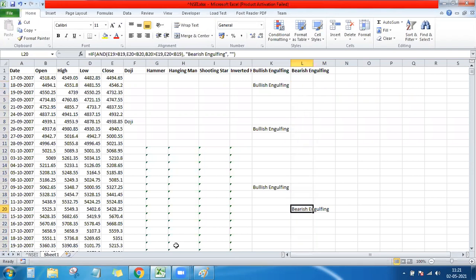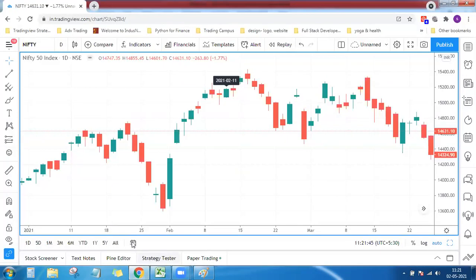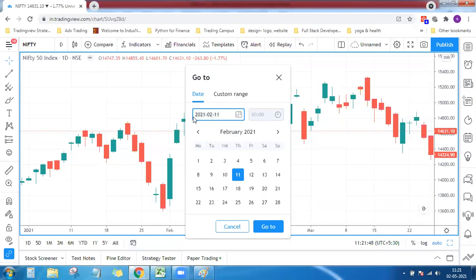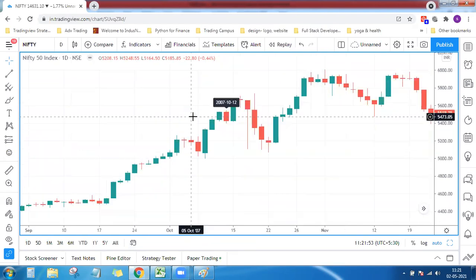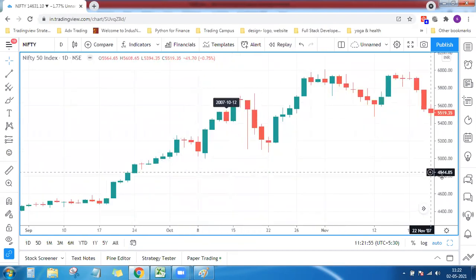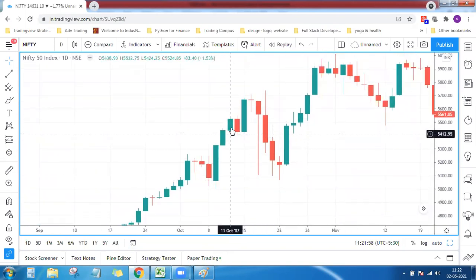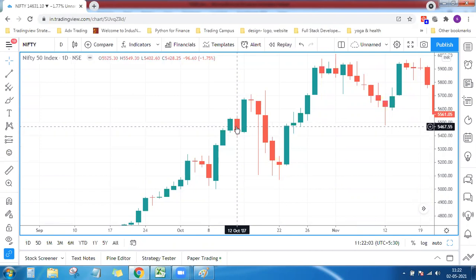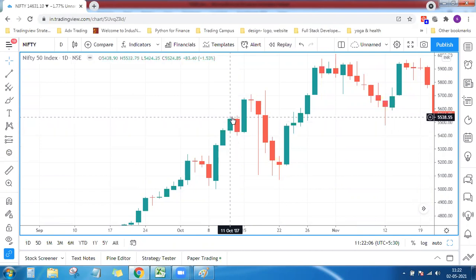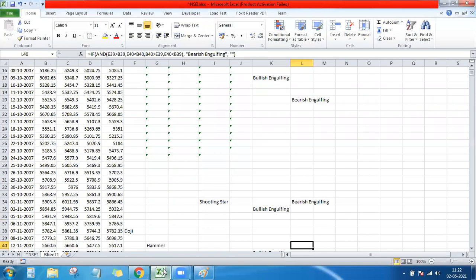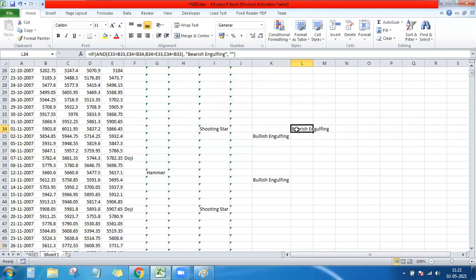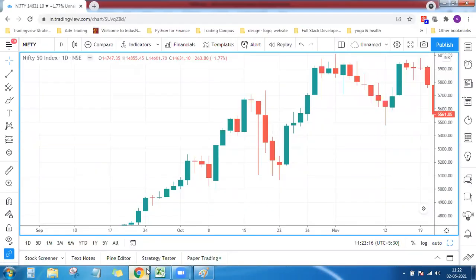So it is saying that on 12th October 2007, there is a bearish engulfing. Previous day closing price is 5524.85 and 5525.3. Slight gap up opening is there. And again on 1st November 2007, here it is.